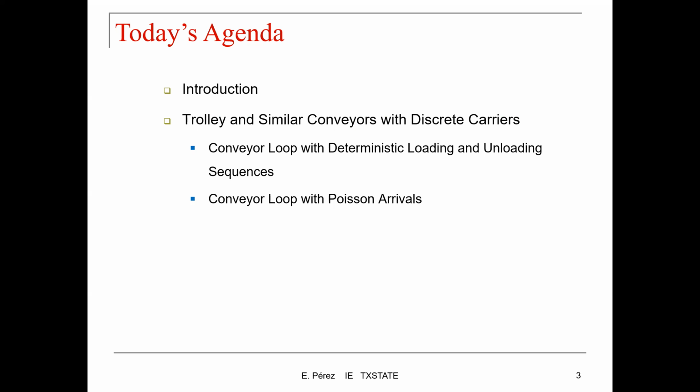And then in part 2 of this lecture, which is the next video, we're going to cover the conveyor loop with Poisson arrivals, which means that we have some uncertainty in the arrival of the items that are going to be using the conveyors.